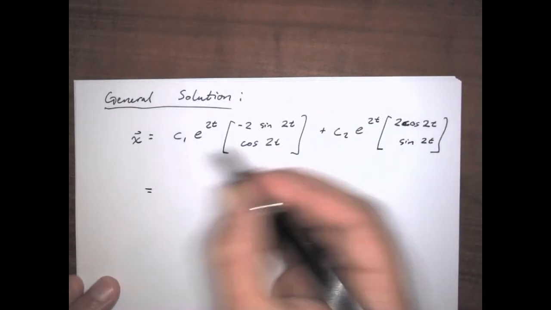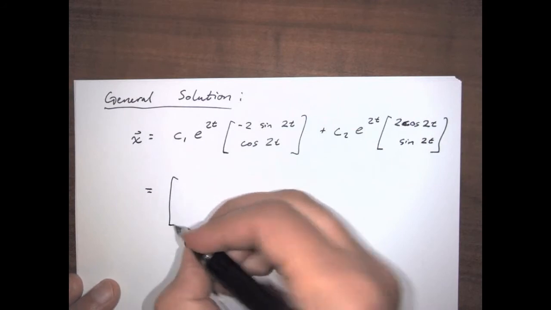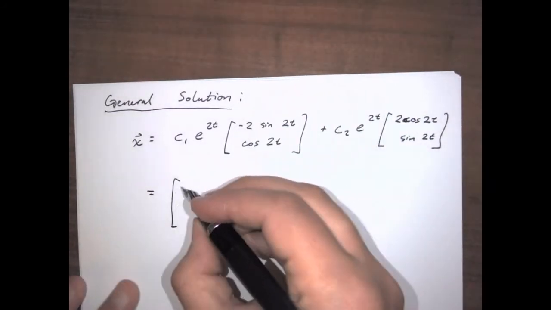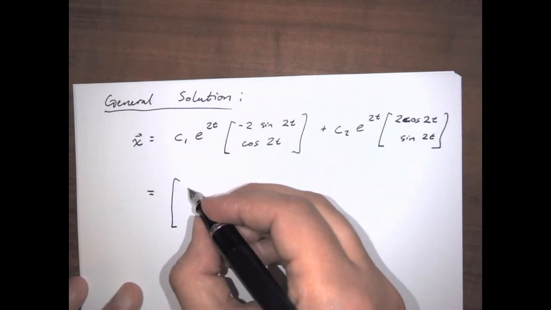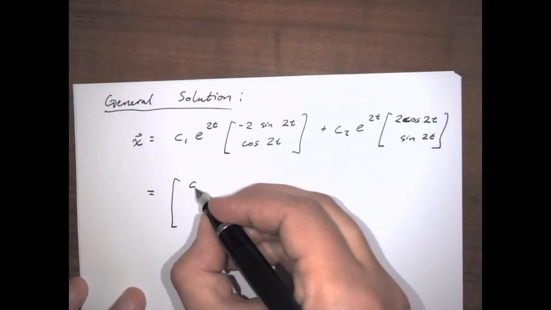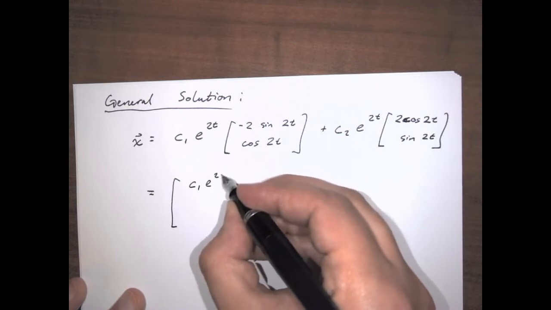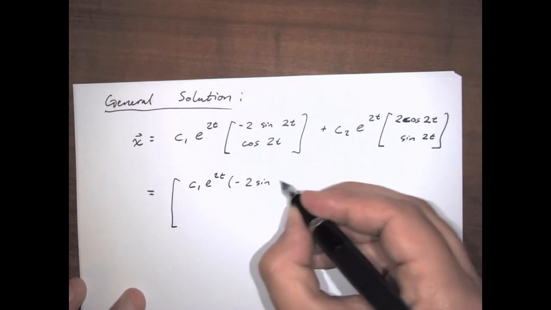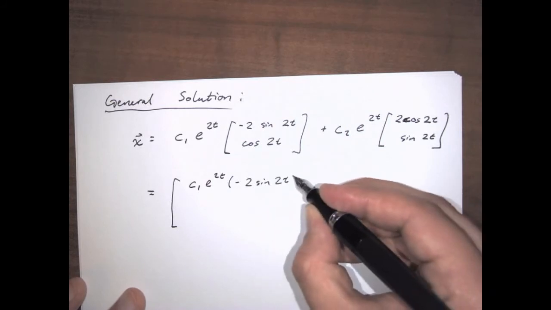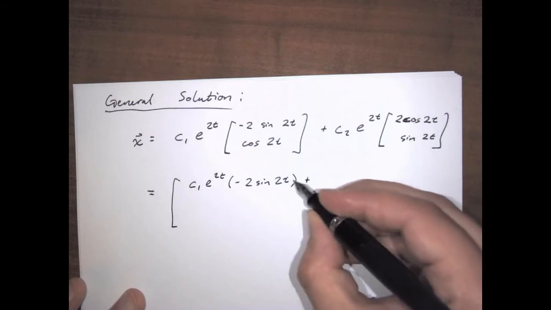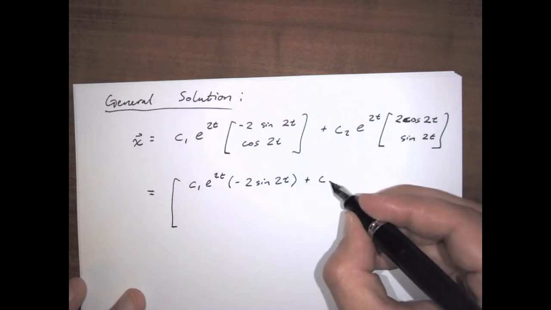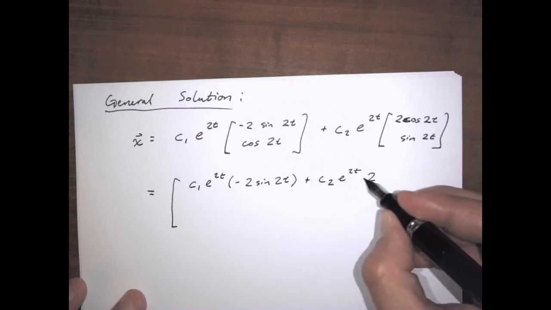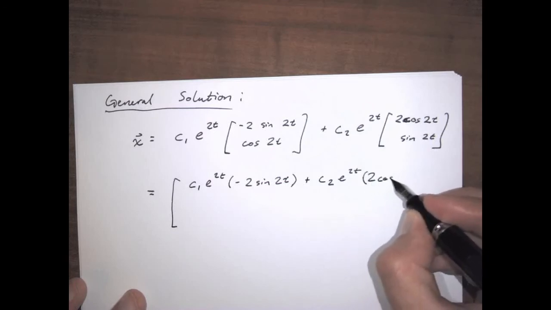Which, if I wanted to put that together a little bit, which in these cases is often going to be good, or maybe not. So I could write it as c1 e to the 2t times negative 2 sine 2t plus c2 e to the 2t times 2 cosine 2t.